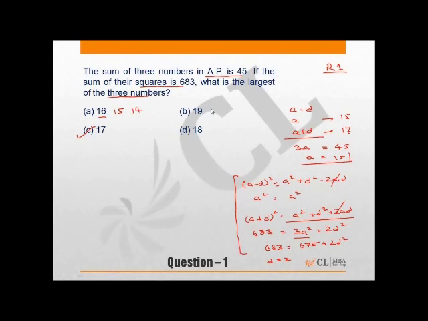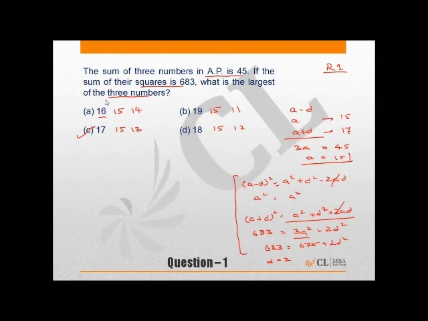Similarly for choice B, biggest term 19, middle term 15, difference 4, smallest term should be 11. Similarly, here it should have been 17, 15, 13, and 18, 15, 12. And check out the choices, but you don't do the complete calculation.